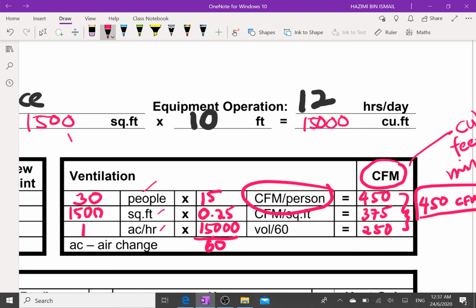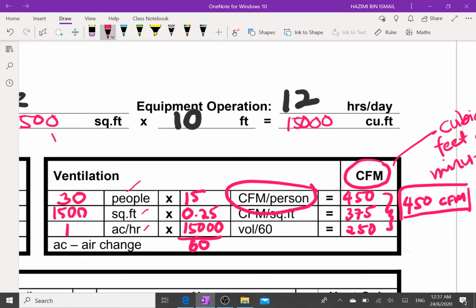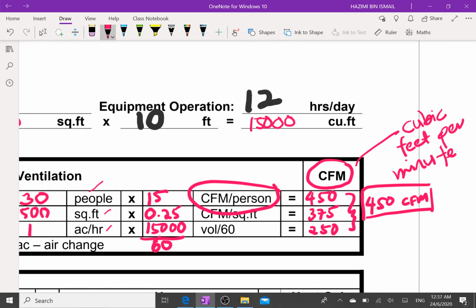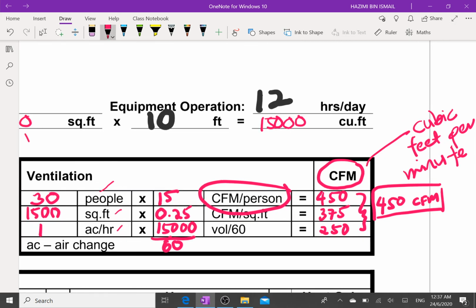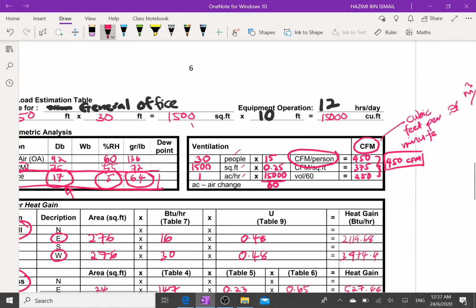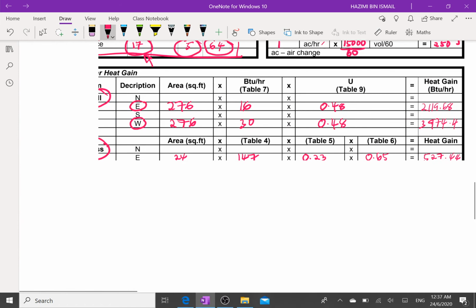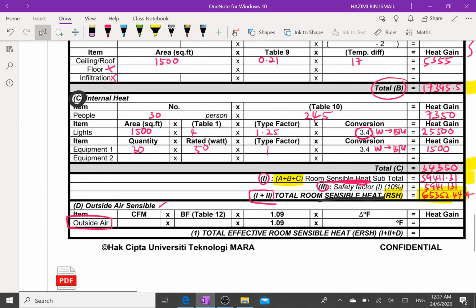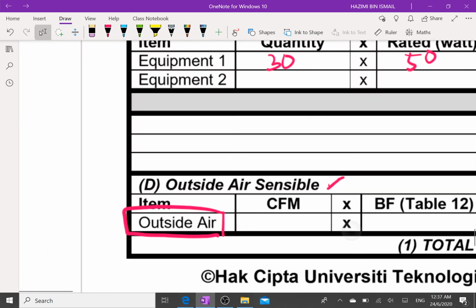To choose between these values, you have to pick the highest value, which is 450. 450 is due to the 30 people. So copy paste 450 into this column, 450.